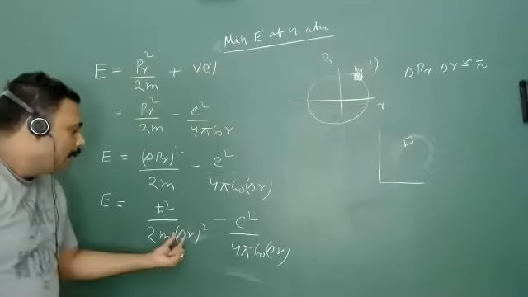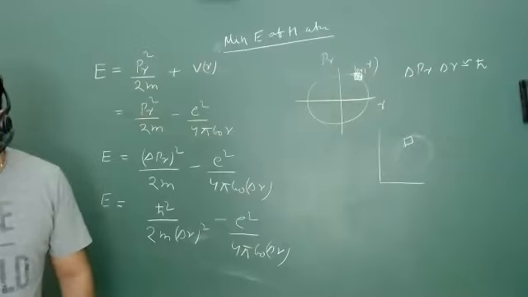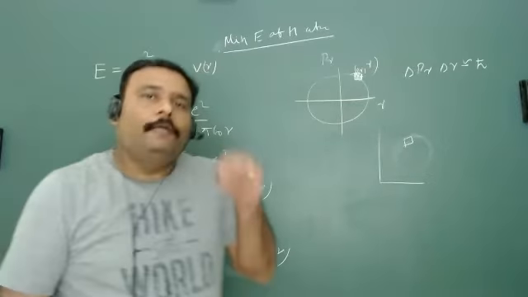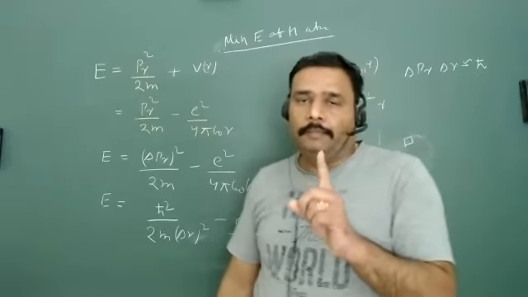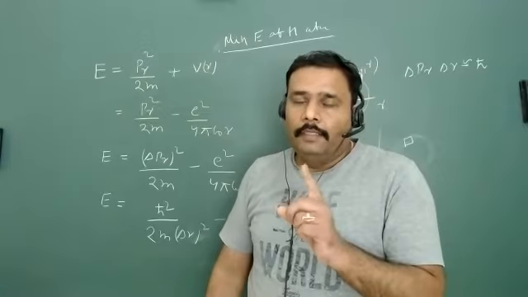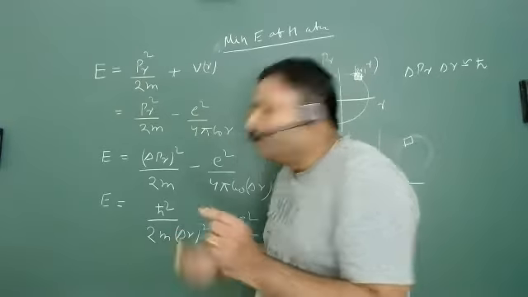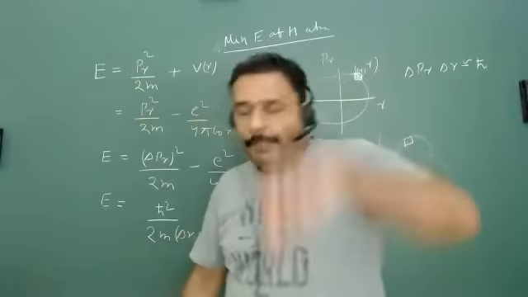So you can have n number of values of delta R, but for one particular value of delta R, that is a number, you can find this energy is minimum.